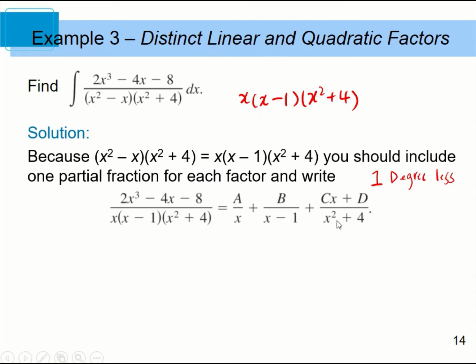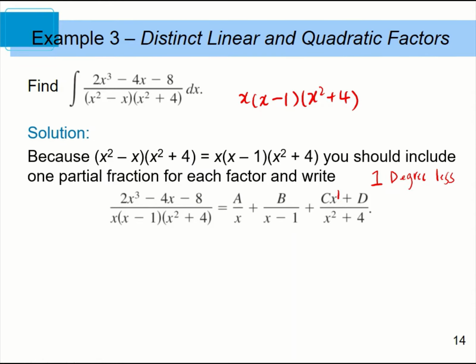Now, this is x squared plus 4. Therefore, for the numerator, it will be cx plus d. So the power is 1 here, 1 degree less than the denominator. If the degree here is power 3, then here we need to create up to square: we have cx squared plus dx plus e. So the numerator is always 1 degree lesser than the denominator.